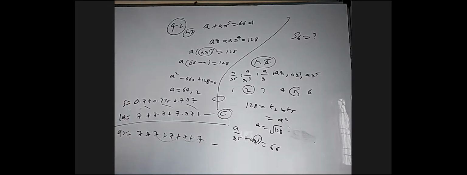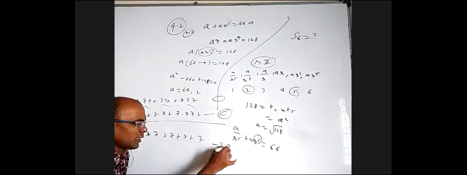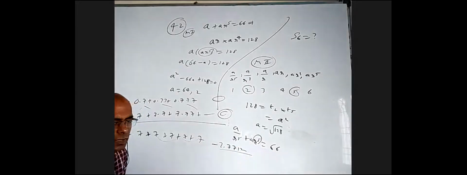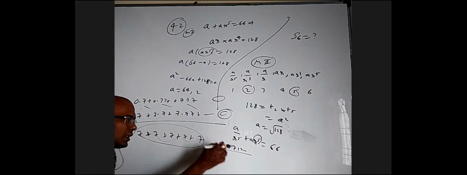Except the last term, I'll get minus that, which will be 7.7777, some 9 times, 10 times, whatever, 20 times or something. This answer is 7 times 19 or something. How many times? 19 times or 20 times, including this. Only this one number, what is it?